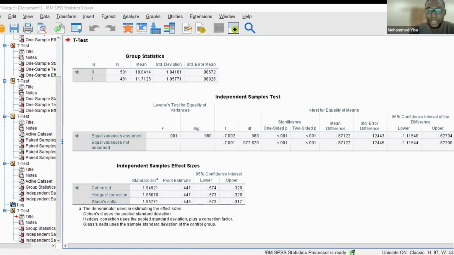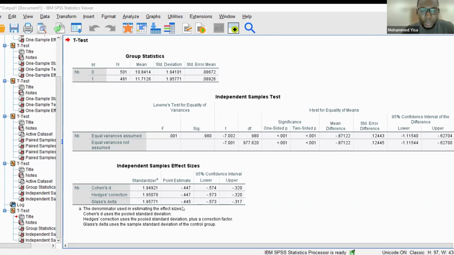So one has to be careful interpreting these data, and sometimes we use value labels. For example, if the categorical variable was actually given value labels, it will be displaying here as placebo and treatment rather than 0 and 1. So that's something to consider when you are creating your own variables.